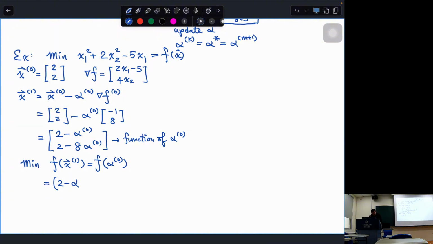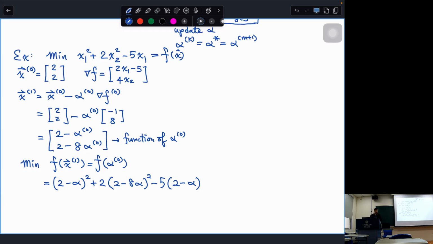Oh, my 2 and alpha look very much like each other, so I will try to avoid confusion. Square plus 2 minus 8 alpha, 2 minus alpha. Okay?